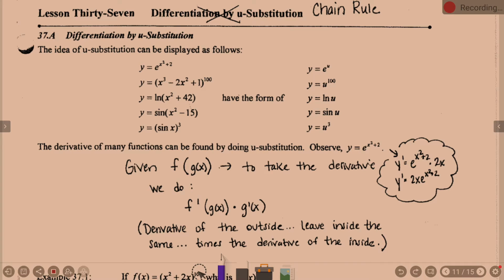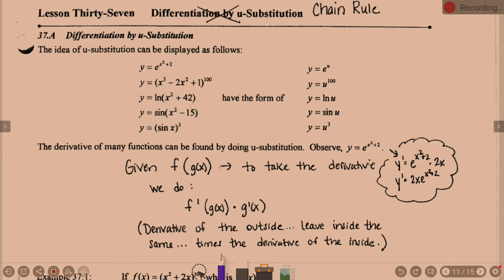So like right here, as we look at y equals e to the x squared plus 2. That's not quite so simple to take the derivative of, because we have e to some power that has a derivative, but then the part we're adding in today is that power itself has a derivative. And so it's how do we incorporate this all together.